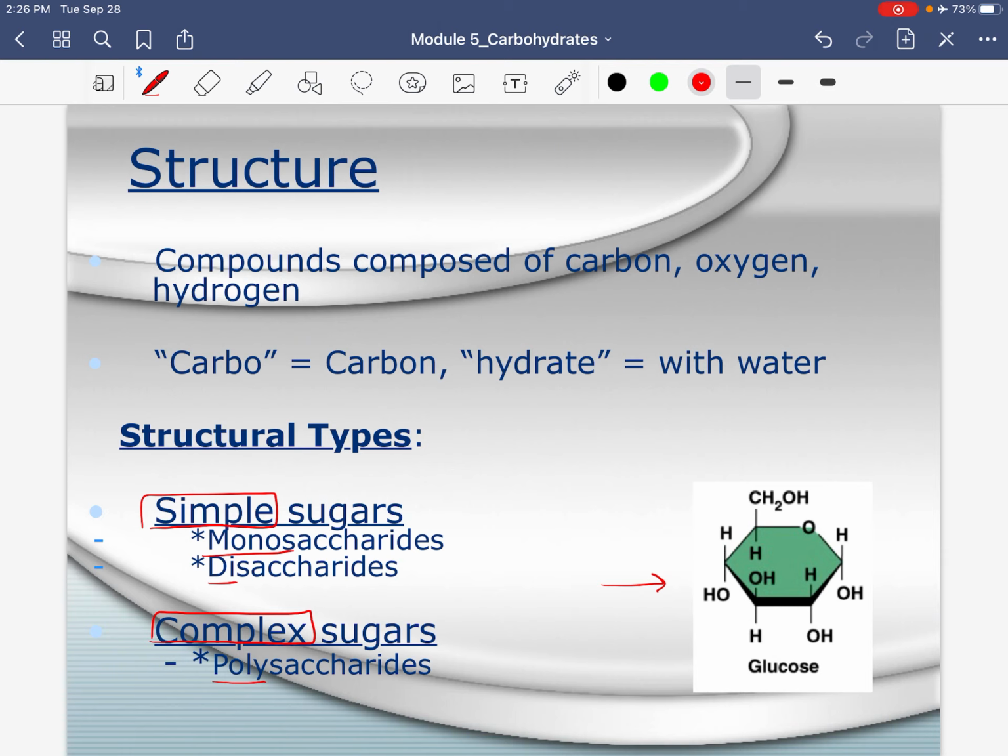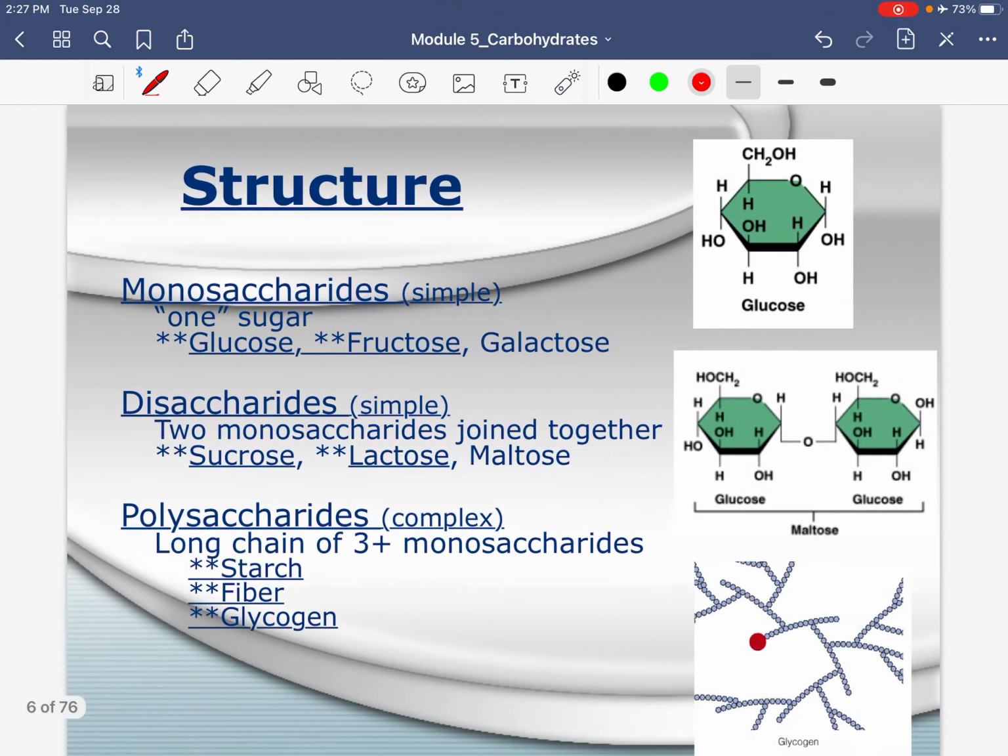But you don't need to know this. I just like to have a visual so you can see, for example, glucose as a molecule has a hexagon stop sign kind of shape. It is made up of carbon, hydrogen, and oxygen. You don't need to know that necessarily, but just know here we have simple and complex.